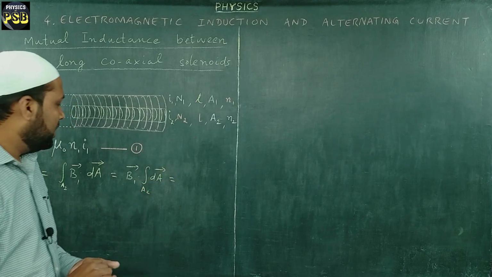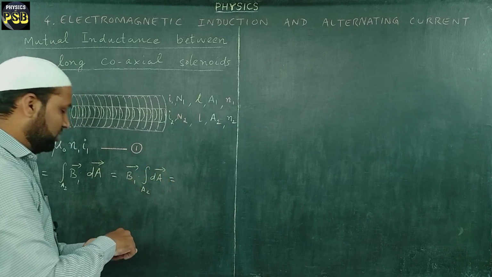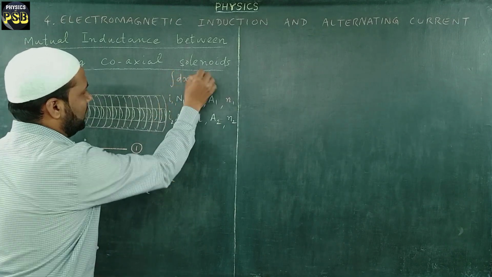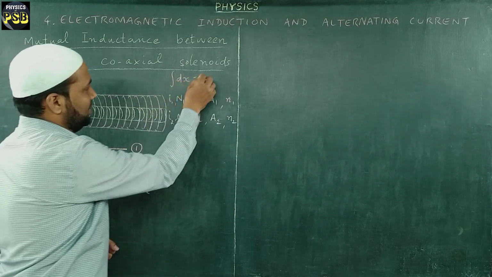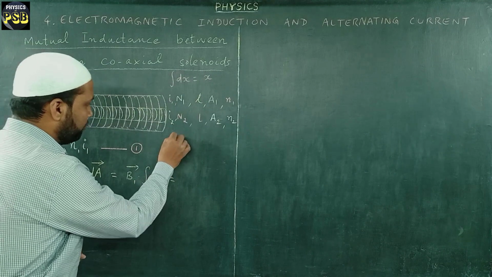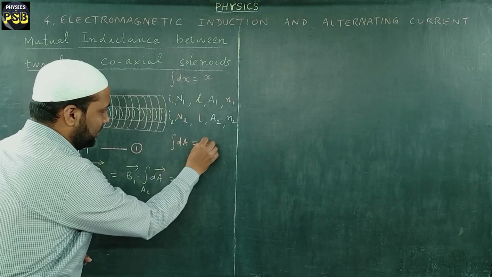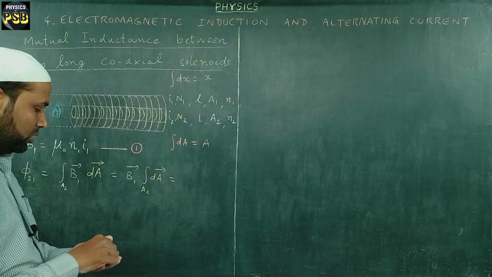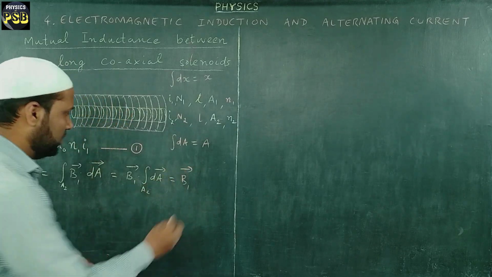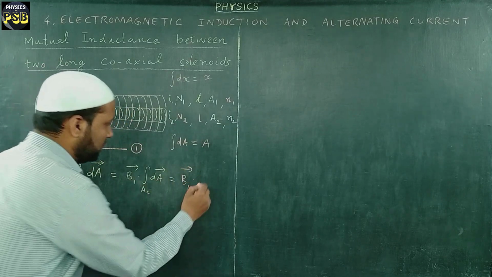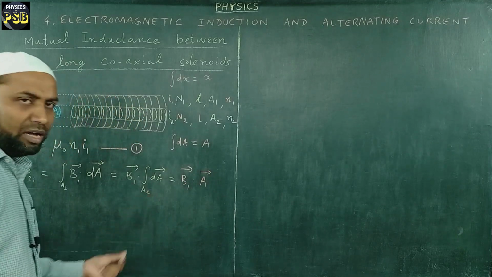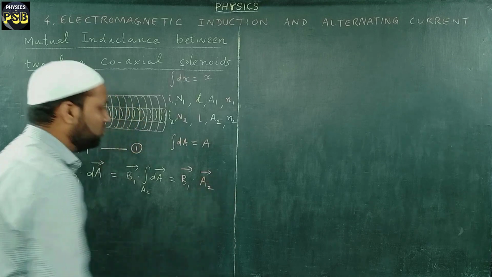We know that if I integrate dx, I will get x. In a similar way, if I integrate dA, I will get A. So B1 vector dot A vector, where A represents A2, so it is written as A2 vector.